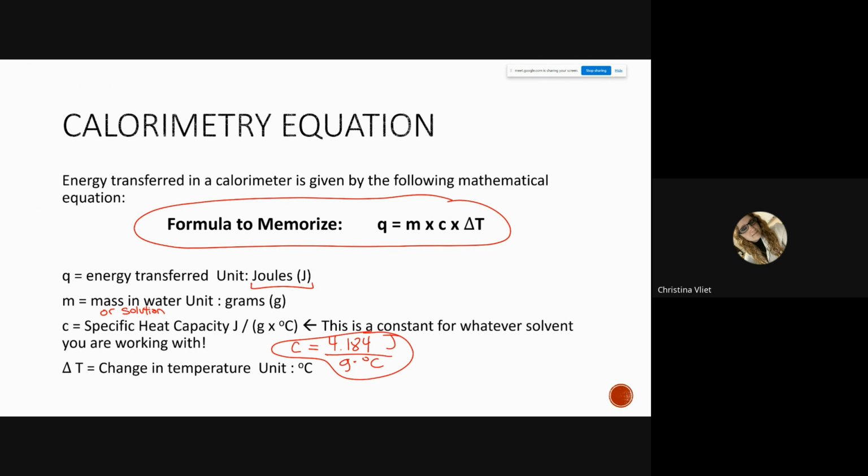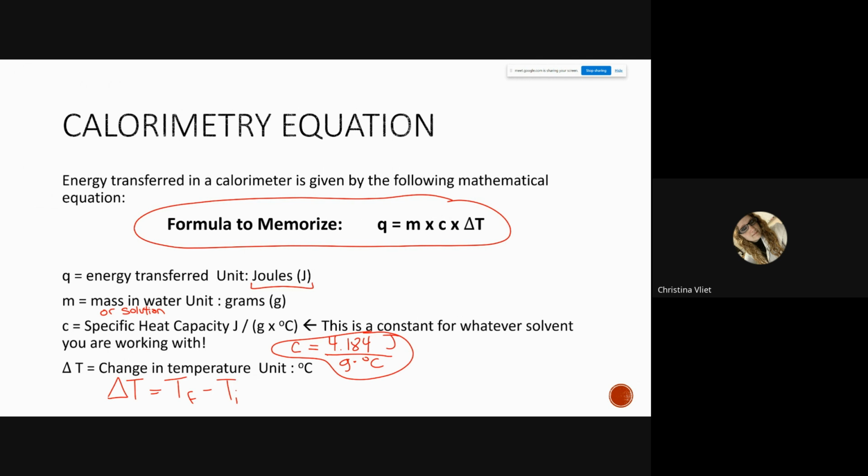So technically, delta T is TF minus TI. If you follow this formula, it will actually give you the correct sign for enthalpy. If you follow the formula they give you in the front page.